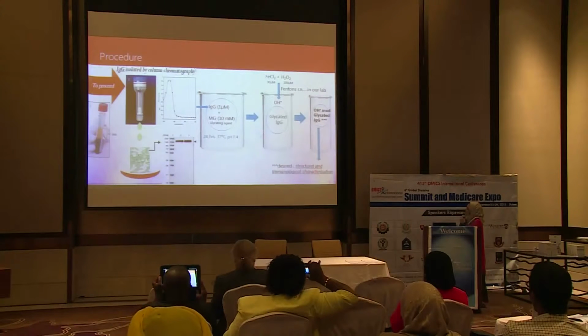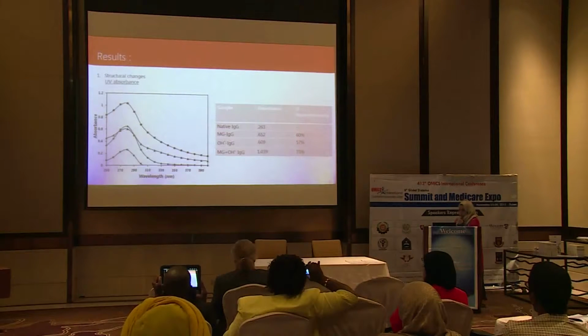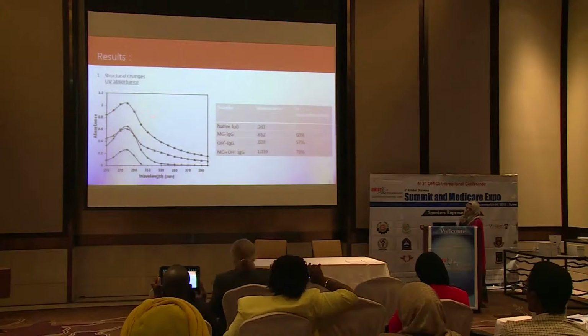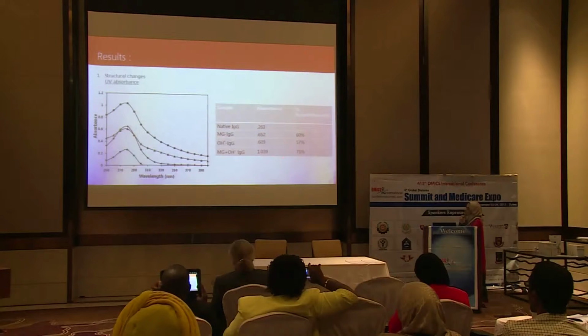Now we have done its structural and immunological characterization. UV absorbance spectroscopy revealed a very enhanced hyperchromicity in the IgG protein modified by methylglyoxal as well as hydroxyl radical. 75% hyperchromicity was found in MGOH treated IgG.